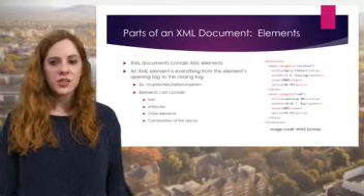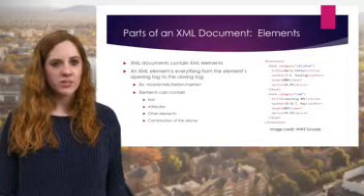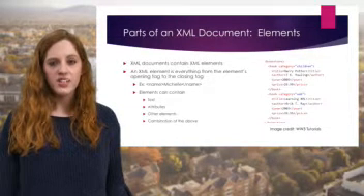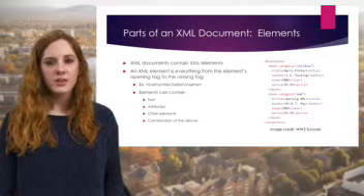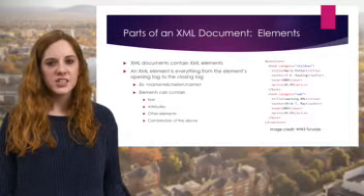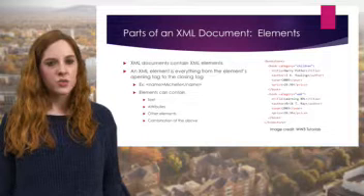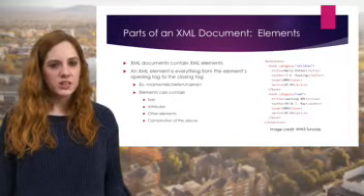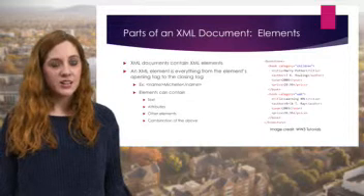So just to zero in a little more on elements and attributes, which are the heart of your XML. XML documents are composed of XML elements, and an XML element is everything from the element's opening tag to the closing tag. In our familiar example to the right here, the bookstore element is represented by the entirety of that text.